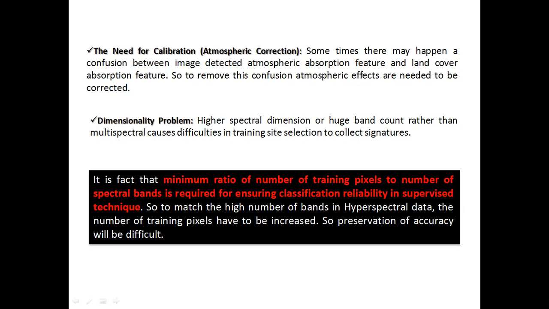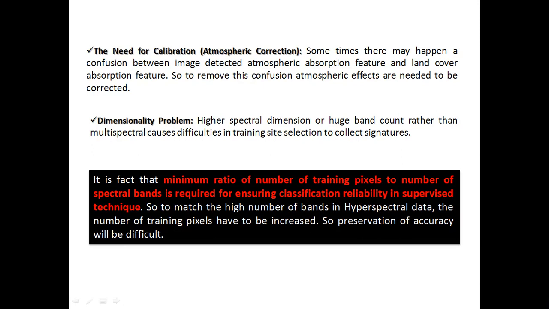And lastly, the dimensionality problem. It is a very common fact that high spectral dimensionality can cause problems in training site selection for extracting the spectral signature during supervised classification.